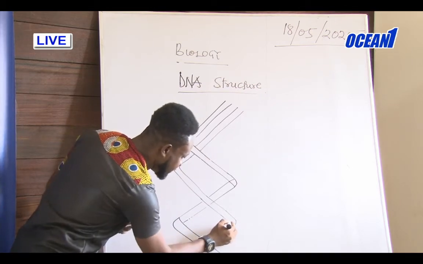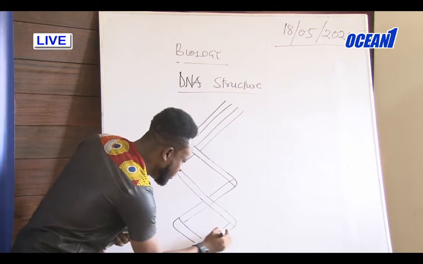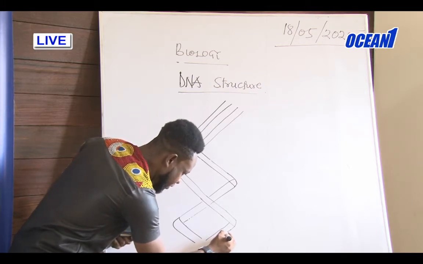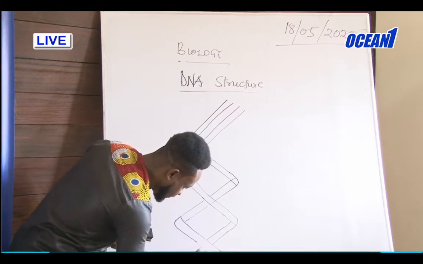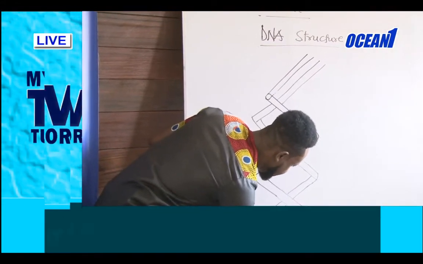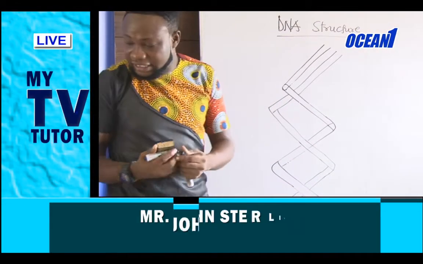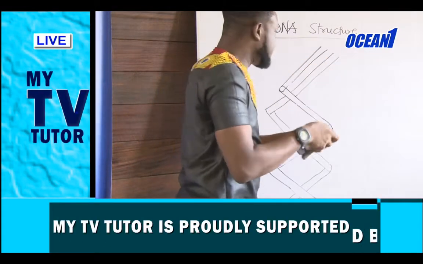Then it turns like this. Then over here the strand will be beneath the first one, like this. Then it turns once again. So that is the best way to show the double helix strand.